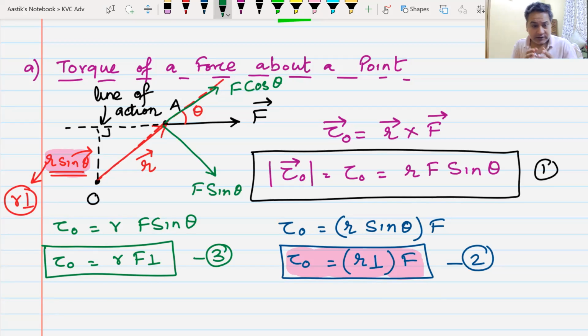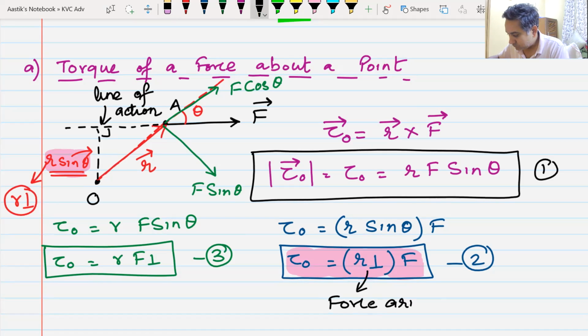So, 1, 2, or 3. Any way you write it, you are writing the same thing. This R perpendicular part, let me not use the green pen. This R perpendicular part is also known as the force arm. It's also known as the force arm.